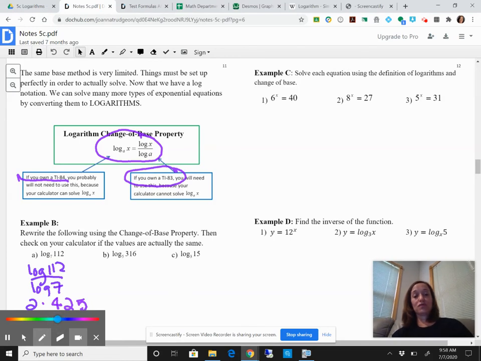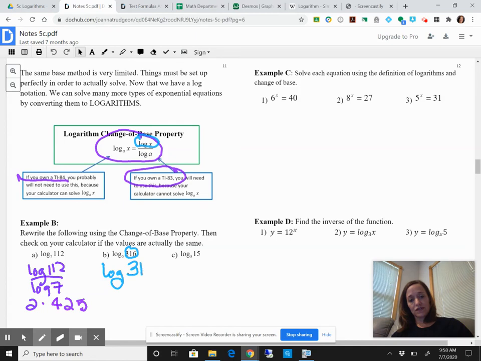All right, so we'll do one more together, and then you can do C on your own. I'm going to change this for letter B here using change of base: log, and then I write this number on top. Log 316, that was the argument, over log, and the base, which is 5.